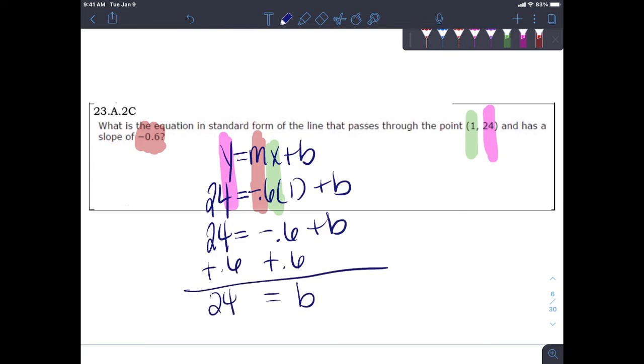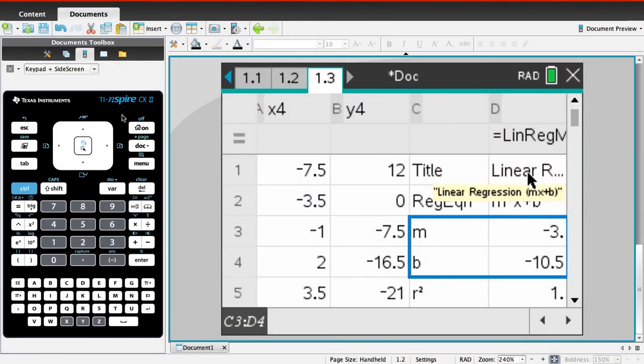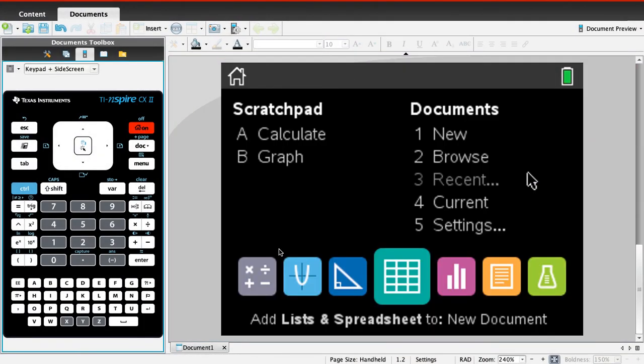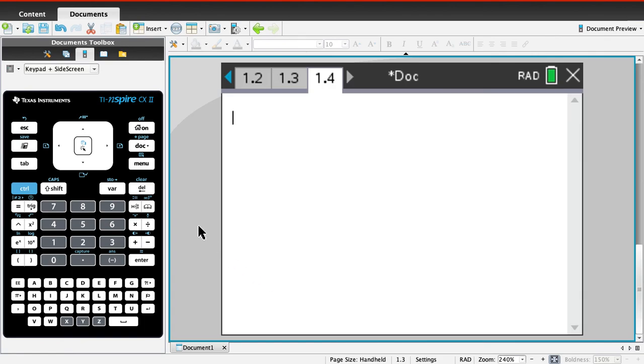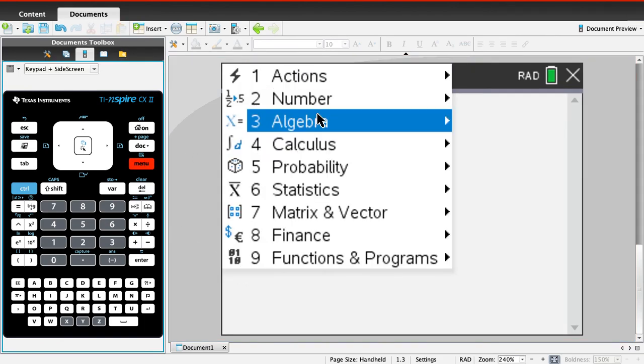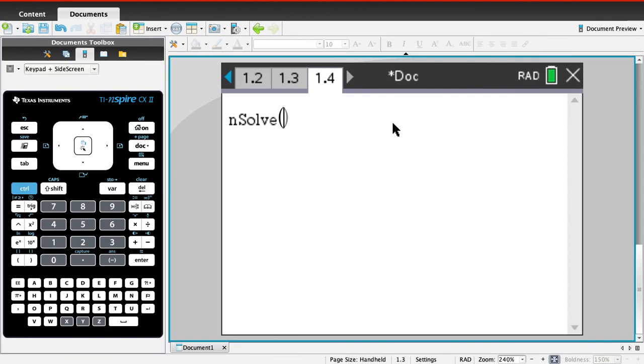I ended up with 24.6 as my b value. Let me verify that with my calculator. I'm going to perform an nSolve: menu, algebra, numerical solve. And I'm going to say 24 equals negative 0.6 multiplied by 1 plus b, comma b.